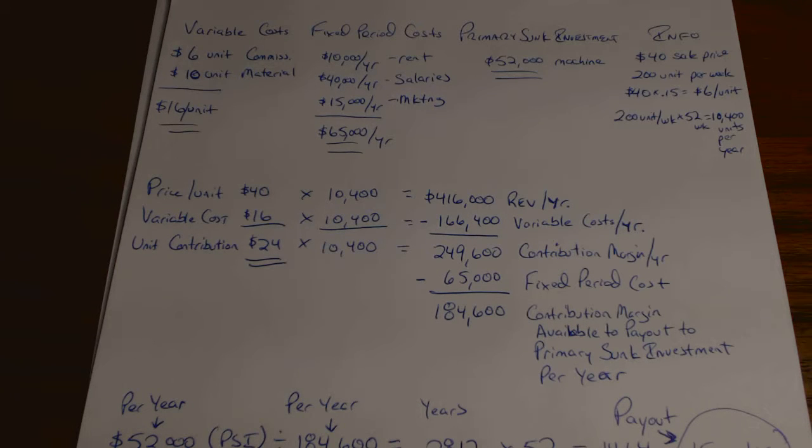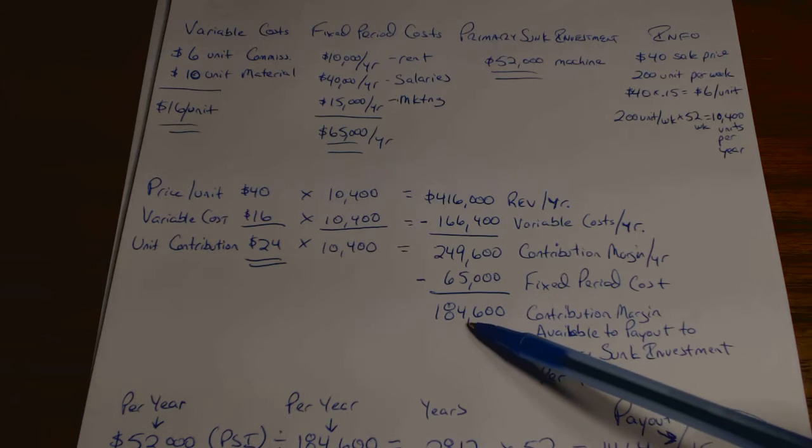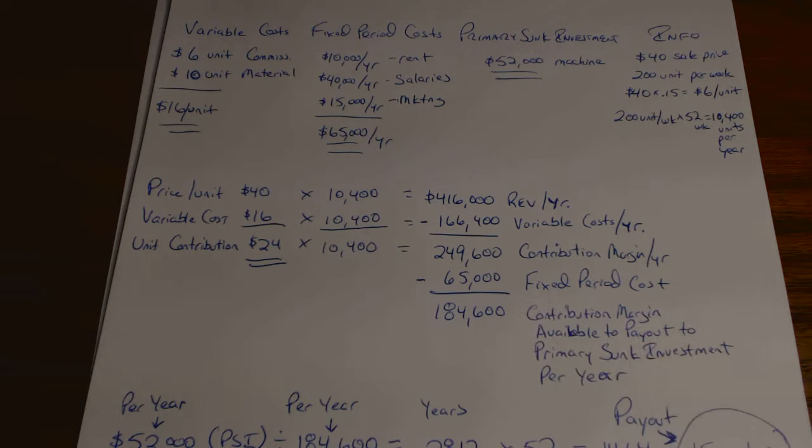The same thing. So you've got your contribution margin per year, you subtract your fixed period costs, and now you have $184,600 of contribution margin for the first year available to pay out, I call it payback, your primary sunk investment. Okay? And this is per year.